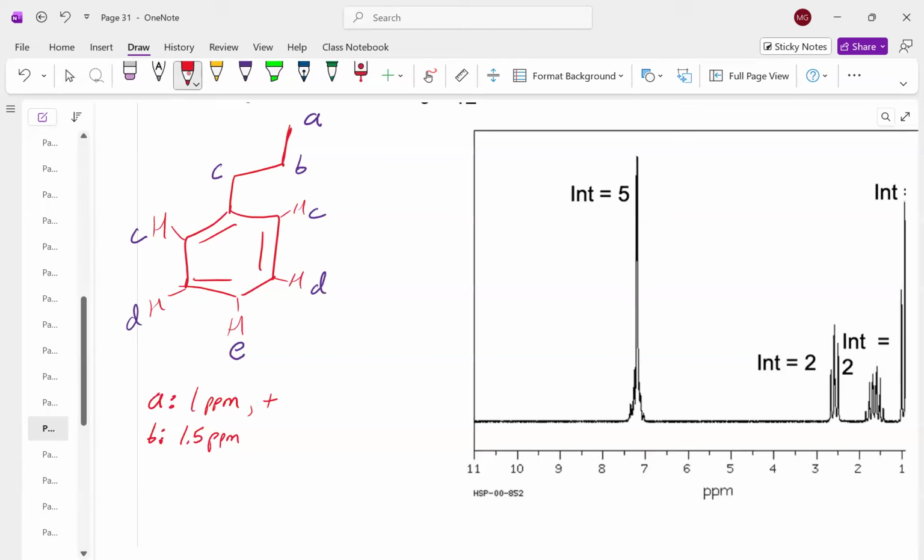Again, I'm going to go 1 carbon in each direction. I go this way, there's 3 hydrogens. I go this way, there's 2 hydrogens. So that's a total of 5 adjacent hydrogens. If I put that into n plus 1, that's going to be 6. I'm just going to call it a multiplet. And because A and C are not equivalent, it's going to look weird. It's not going to look very symmetrical.